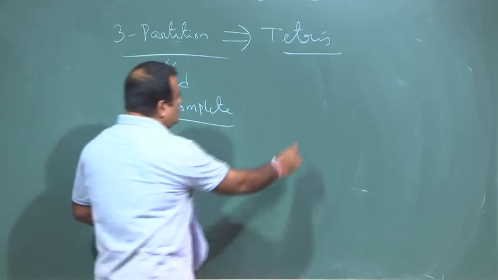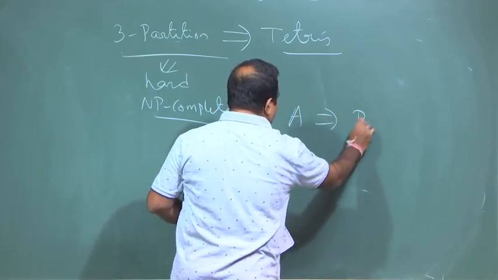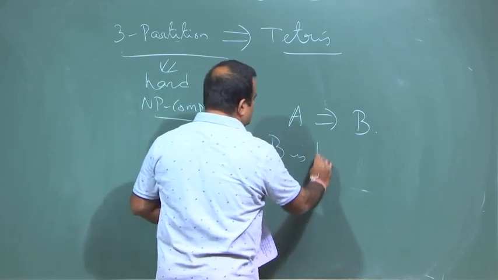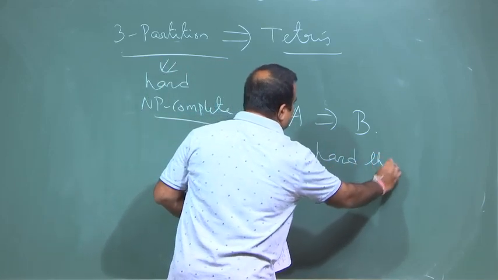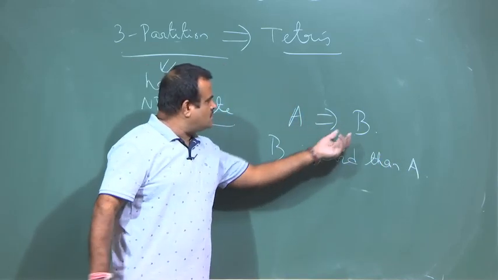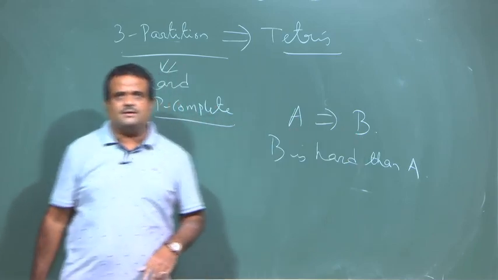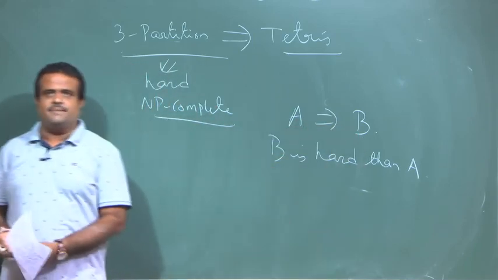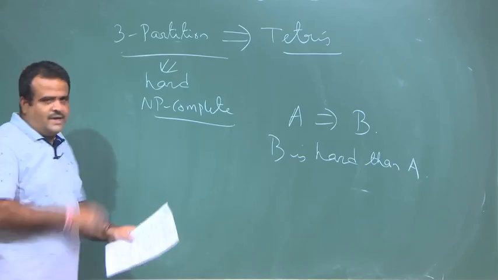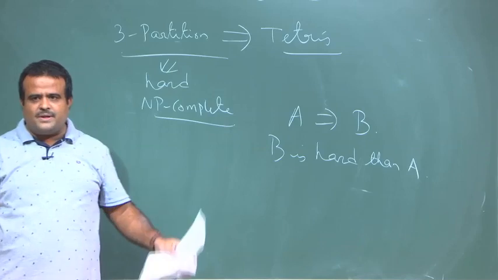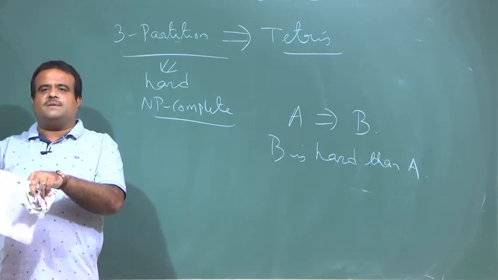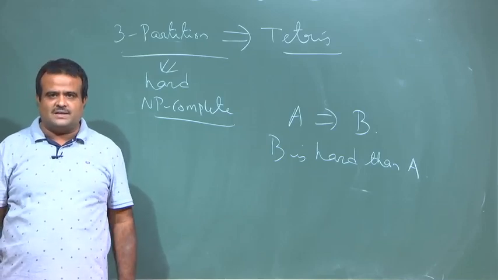This is an NP complete problem. Now, when A is reduced to B, it means B is harder than A. Because if we can solve B, then we can solve A, given that the reduction is in polynomial time. There are many NP complete problems, and we can take any two and reduce one to the other by polynomial time reduction.